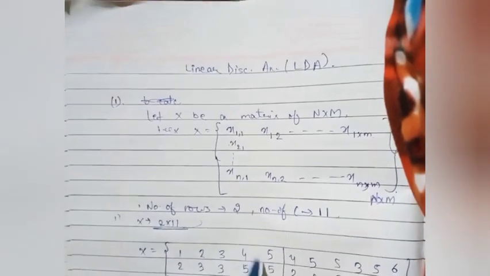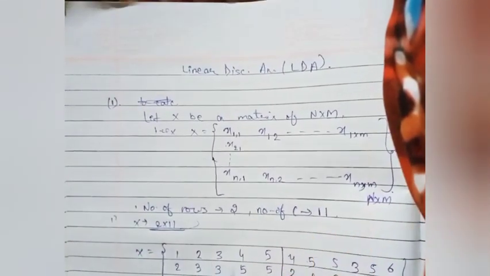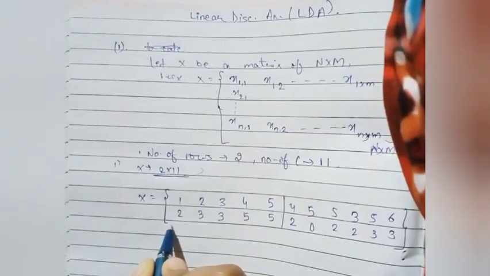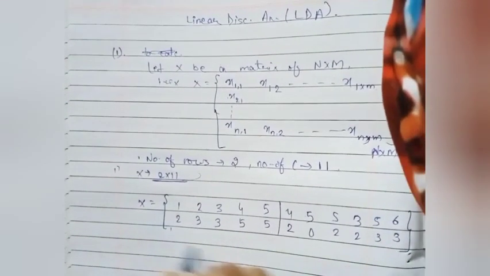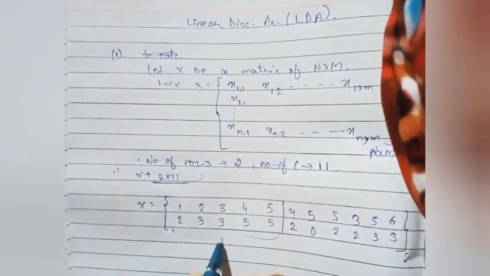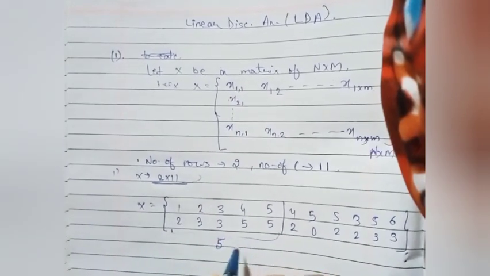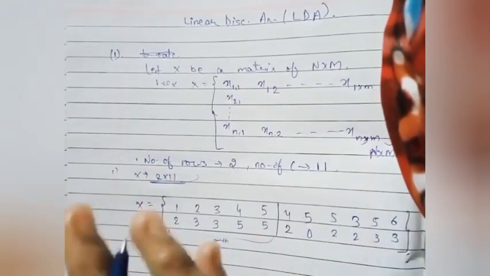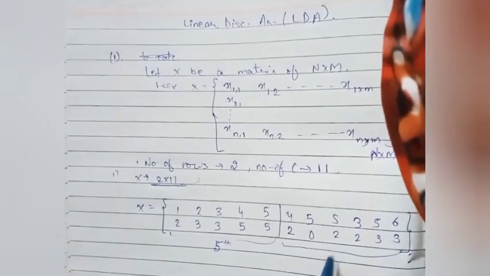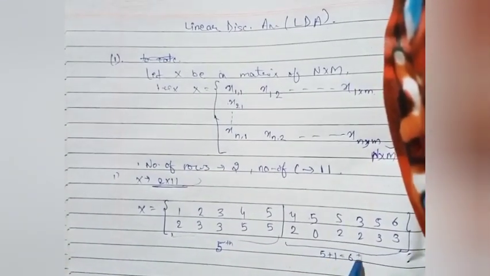Now our first step is to convert this original data matrix into two parts. If it is 11, then the first class will contain the first 5 columns, and the other class will contain 5 plus 1, that is 6 columns.